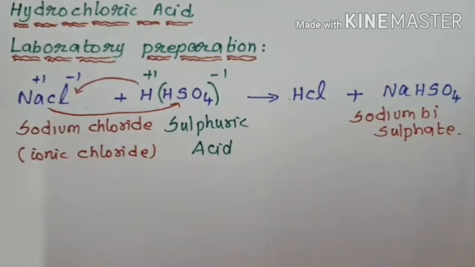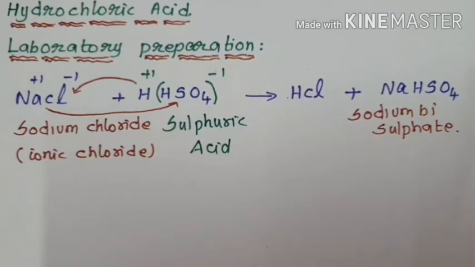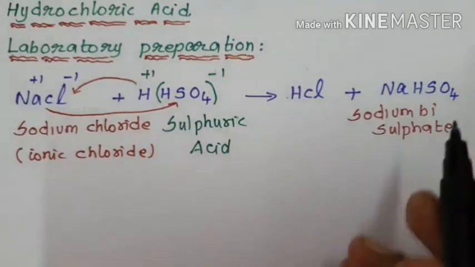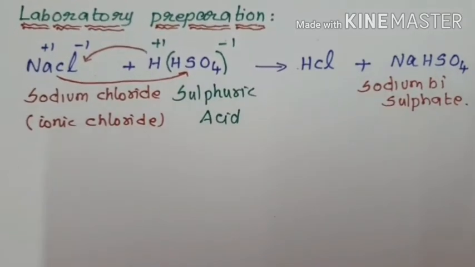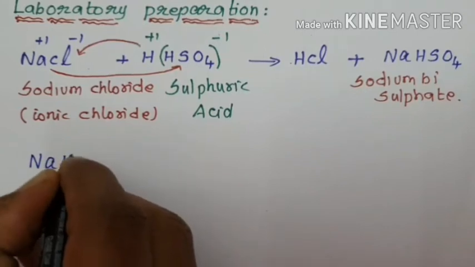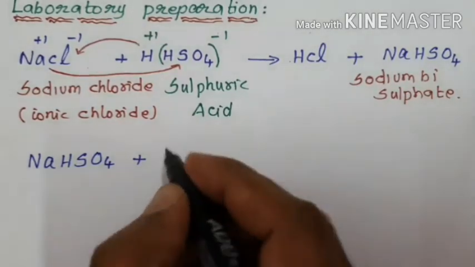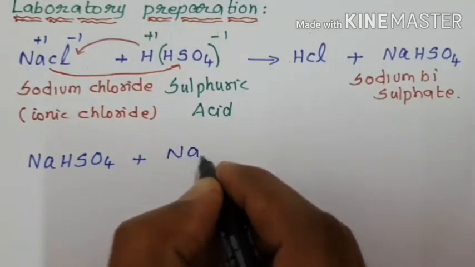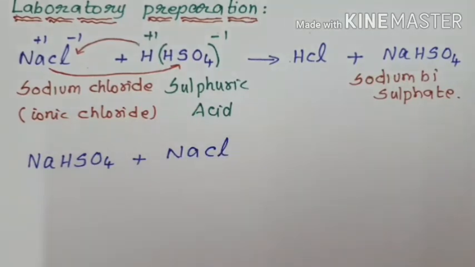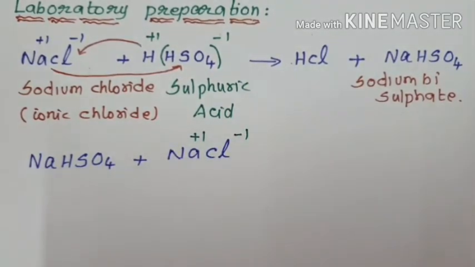This is one method of preparation of hydrochloric acid. And the second method: the sodium bisulfate, NaHSO4, formed in the first reaction is again treated with an excess amount of NaCl. We know sodium is monopositive and chlorine is minus 1.